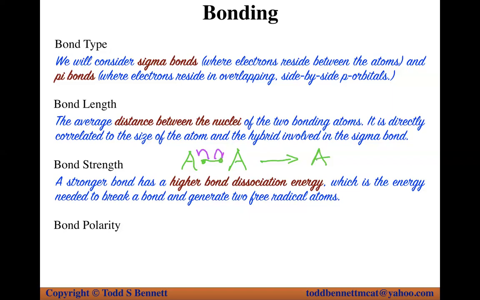I'm now going to get an A with a free radical plus an A with a free radical. The radical stands for a radical electron. It is highly reactive, it's out there and unstable, but a free radical atom is one that has an unpaired electron looking to do something.